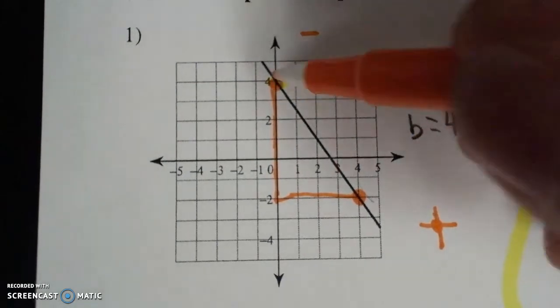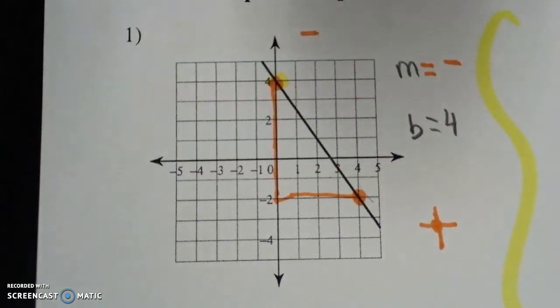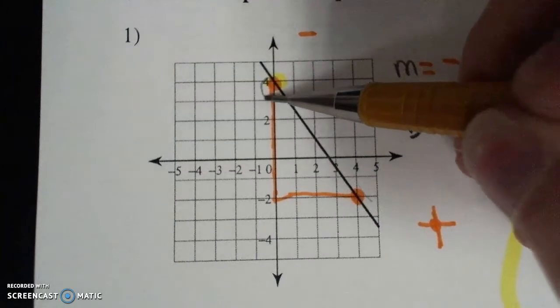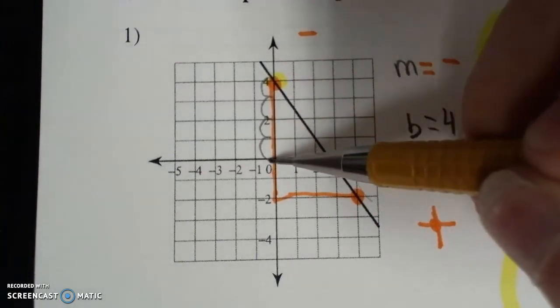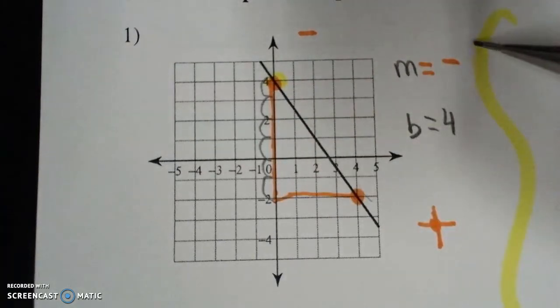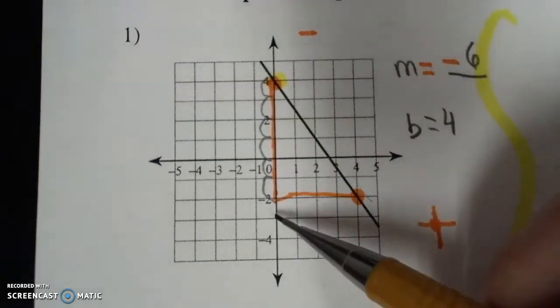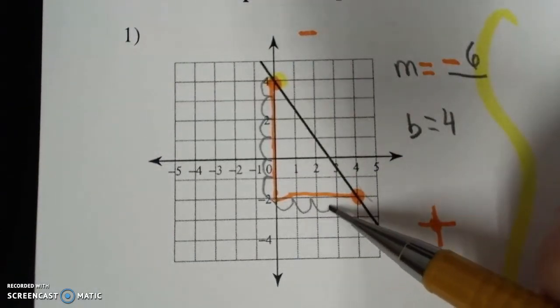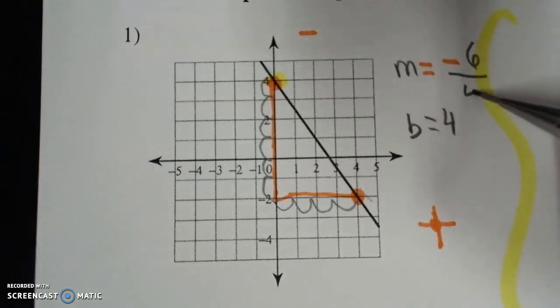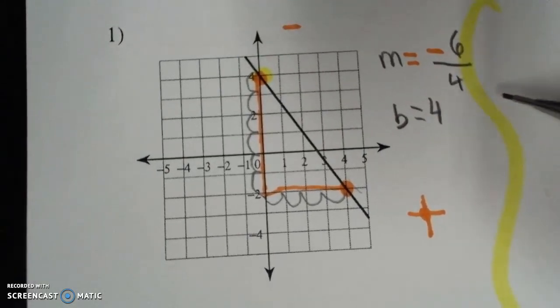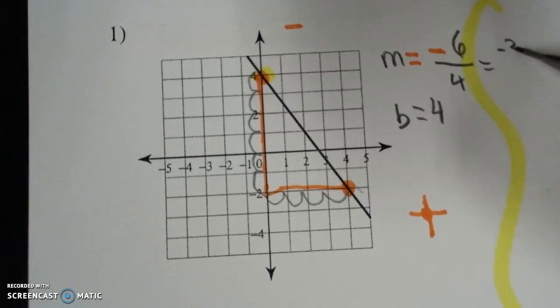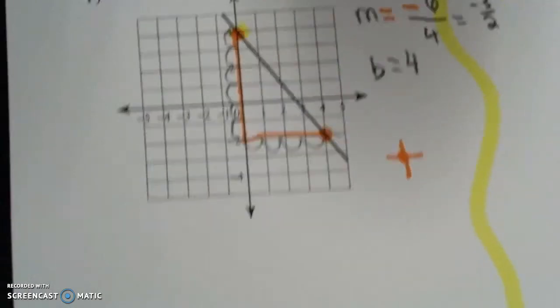And then I'm going to count down from here. And I'm going to go 1, 2, 3, 4, 5, 6. 6 down. I'm going to go 1, 2, 3, 4. And negative 6 over 4 is negative 3 over 2.